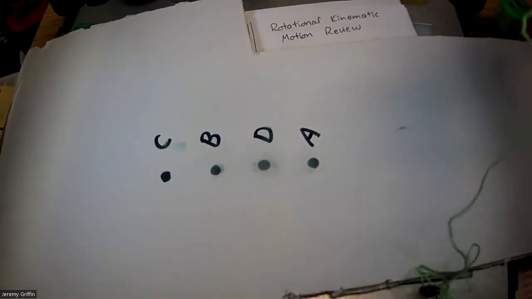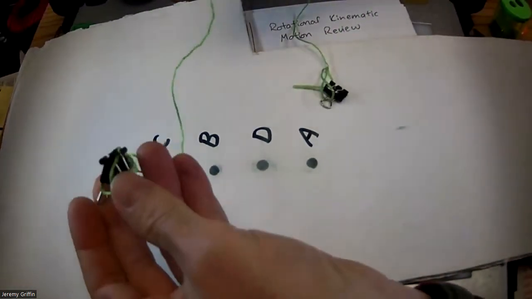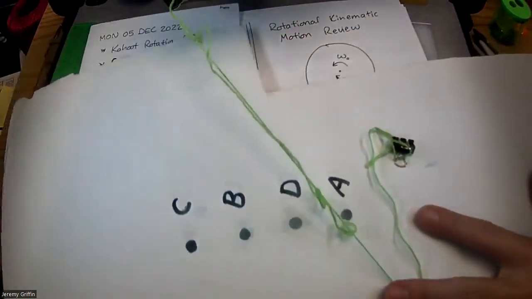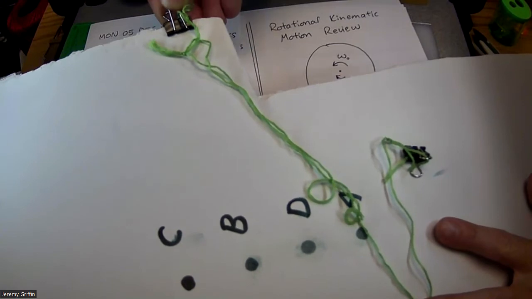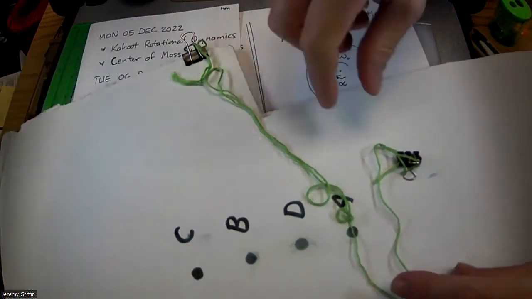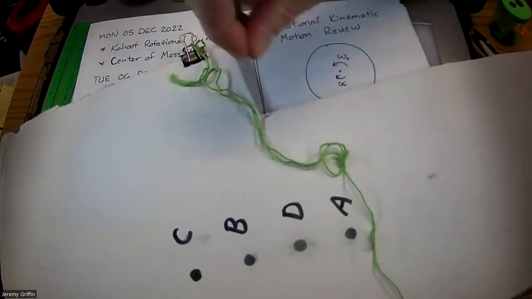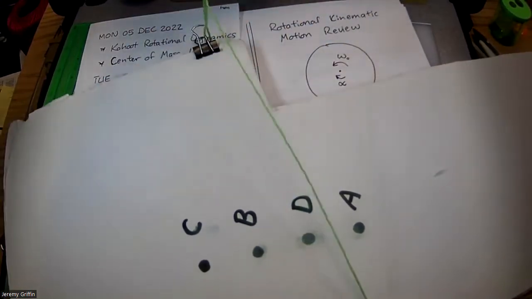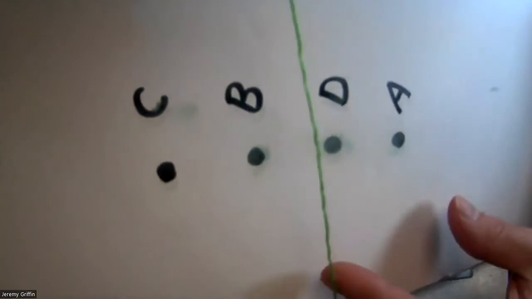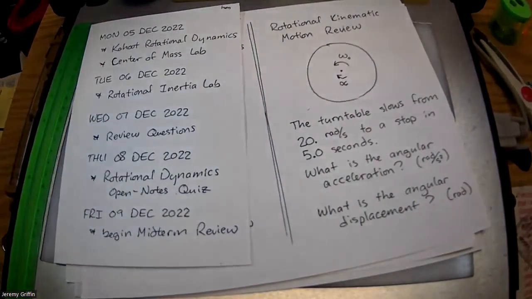A second way that you guys can get the center of mass, I gave you guys a string with some binder clips on it. So if you take one of the binder clips and clip it anywhere on the perimeter of the foam board, and you let the other binder clip act as a weight and let it hang straight down. Okay, I have to do this off screen here. Bring this over here.